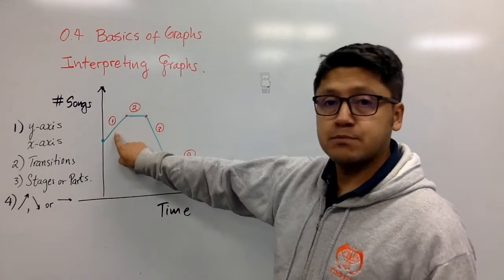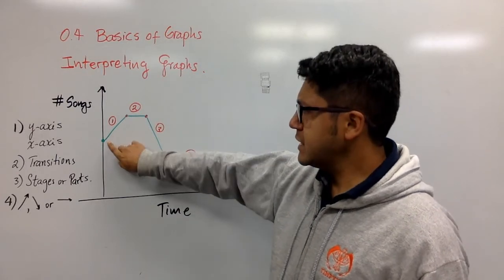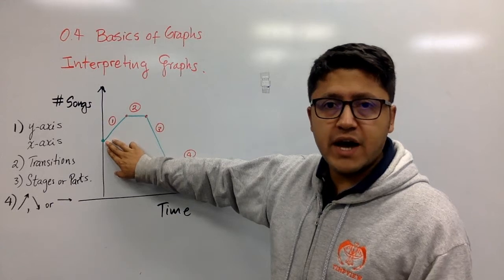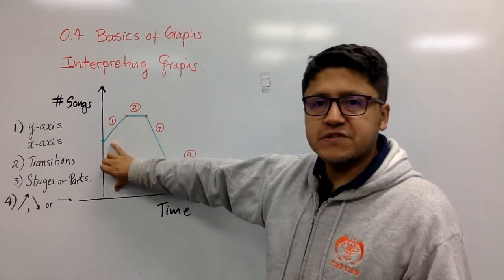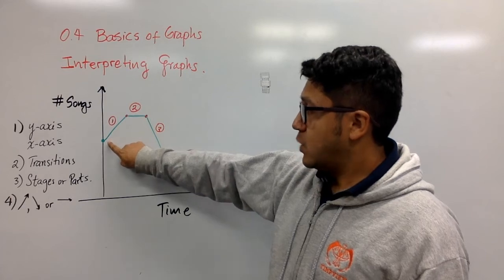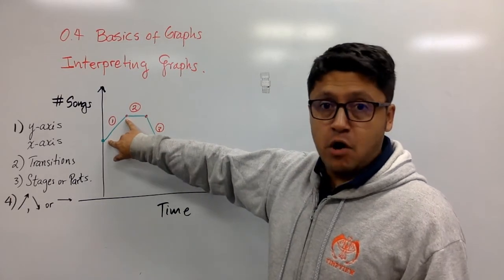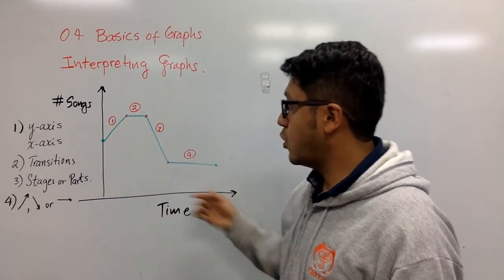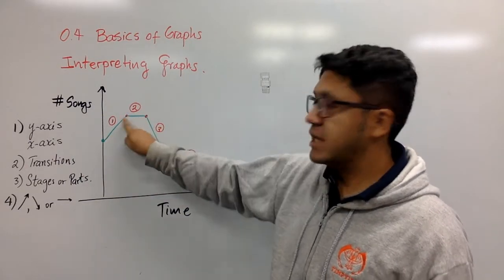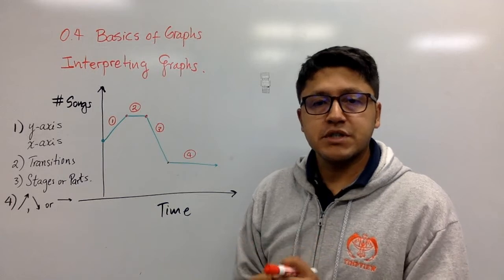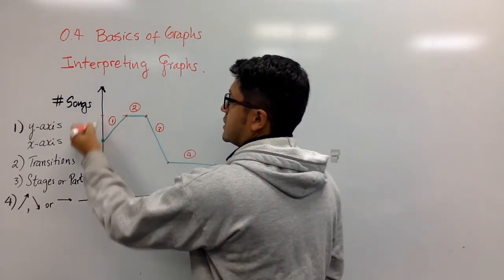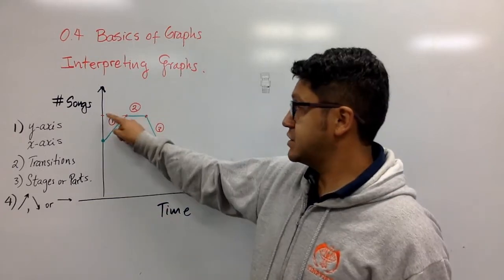In the first place, portion number one. Let's begin with this initial moment. It seems like your device has a certain number of songs with it. But what you do in this first part is that it seems like you are downloading a bunch of songs until you reach a certain number that is higher than the original.